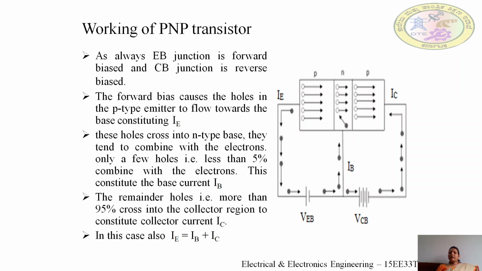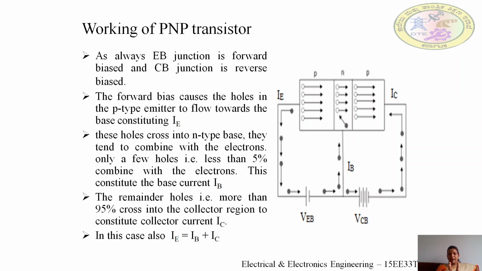The forward bias in the emitter base junction causes the majority charge carriers to flow, because your emitter is P-type material. In a P-type material, holes are the majority charge carriers. The holes are injected by the emitter and they flow towards the base terminal. So this constitutes the emitter current, IE. These holes emitted by the emitter cross into the N-type base, where electrons are the majority charge carriers.